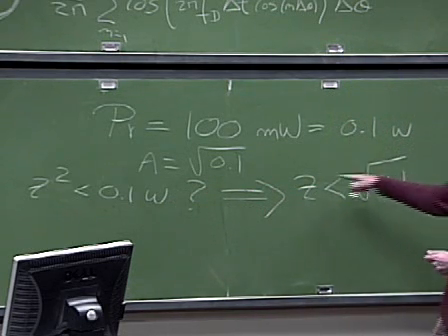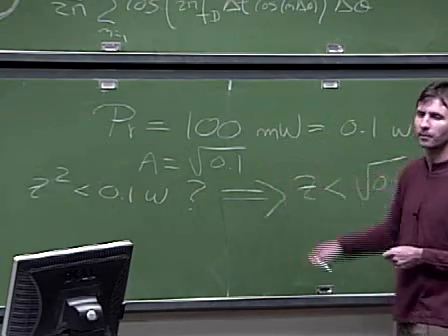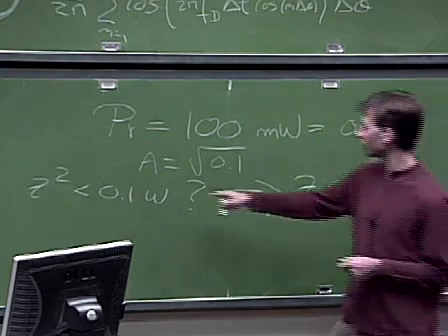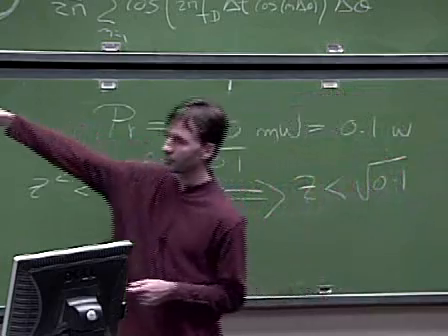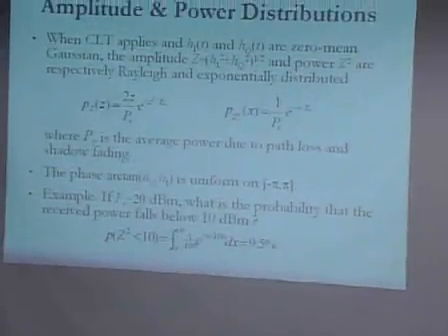These are equivalent questions, right? Since this amplitude corresponds to this power. So if I formulate the question using powers, I can use the exponential distribution on the right. And if I formulate the question using amplitudes, I can use the left-hand expression for amplitudes and get a similar integral. And you'll find that the answer numerically is the same, 9.5%. Okay?